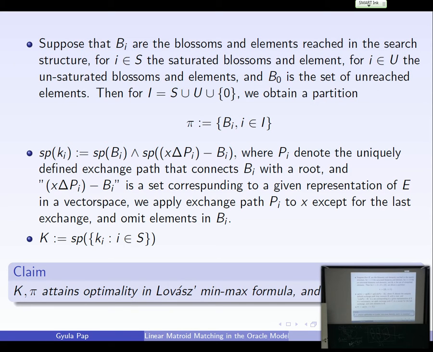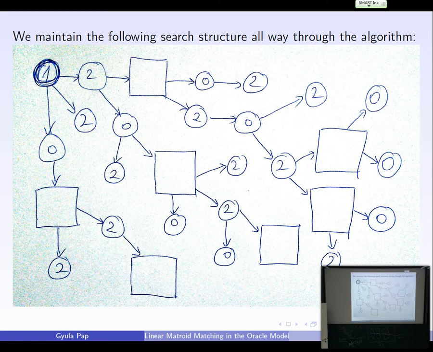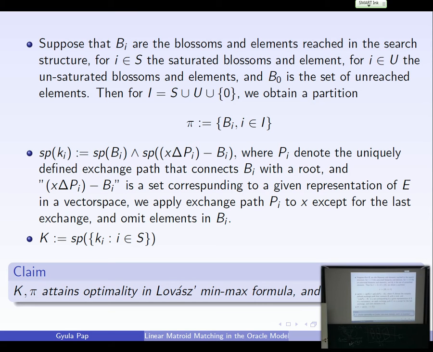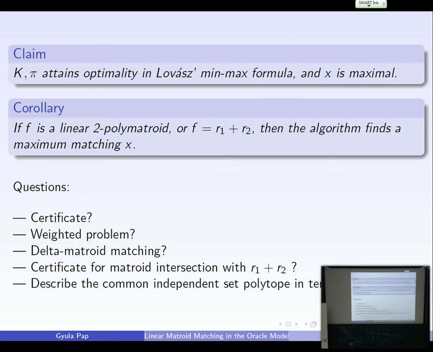And then somehow there's a way to determine, if there was a linear representation, there's a way to find the set K from Lovász's min-max formula, and the partition pi, it just comes from the partition that we had in the last, so the largest blossoms and all the remaining elements by themselves. So that's what proves correctness. And then I think this is my last slide already.